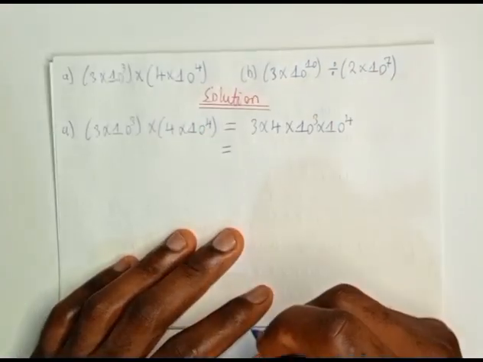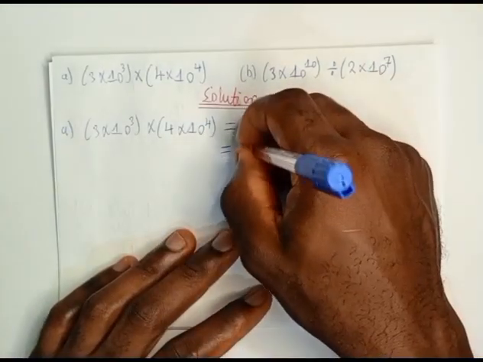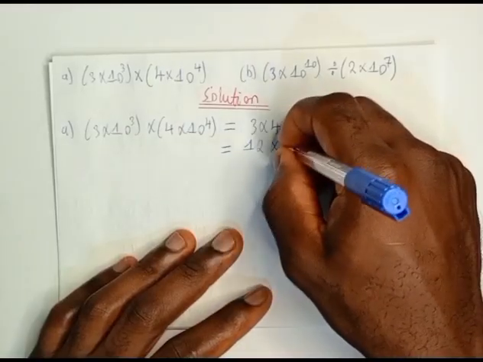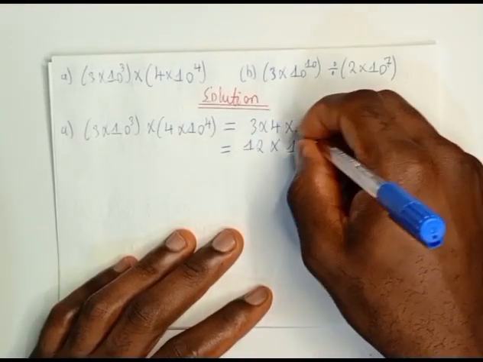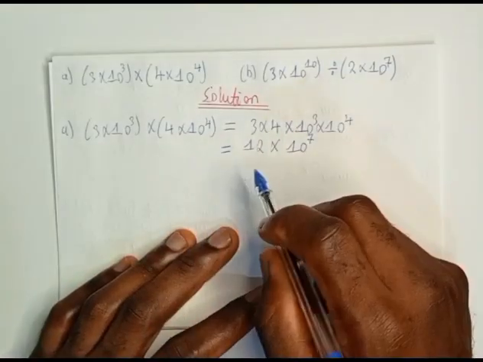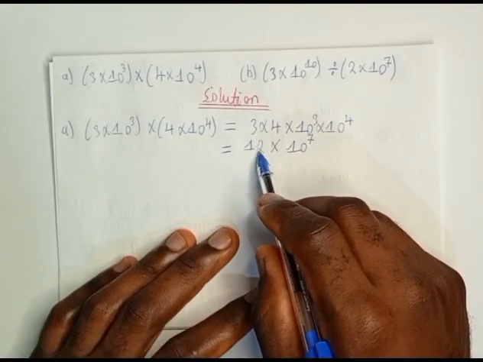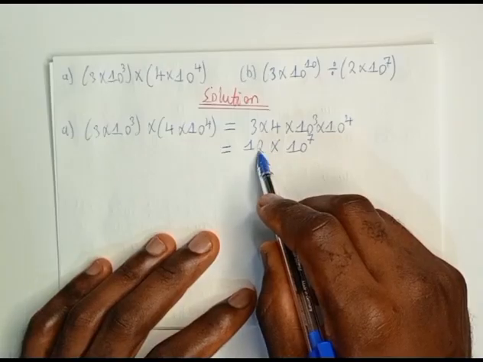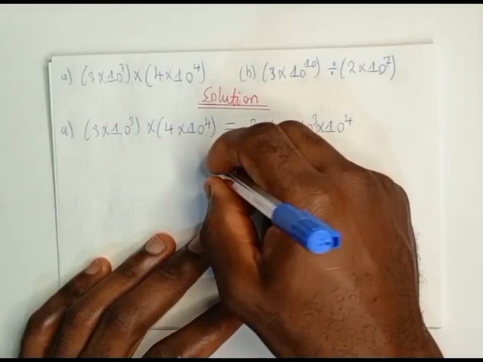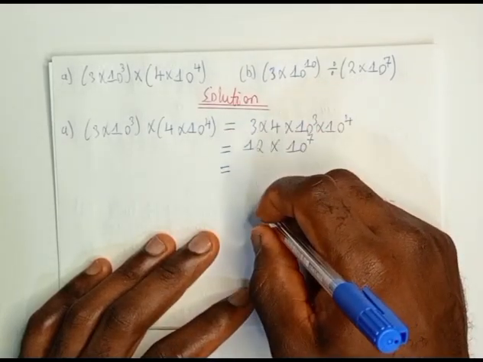This is equal to 12 times 10 raised to the power 3 plus 4, which is 7. You will see that the number 12 is out of range for the values of A. 12 is greater than 10. We need to express the number 12 in standard form.